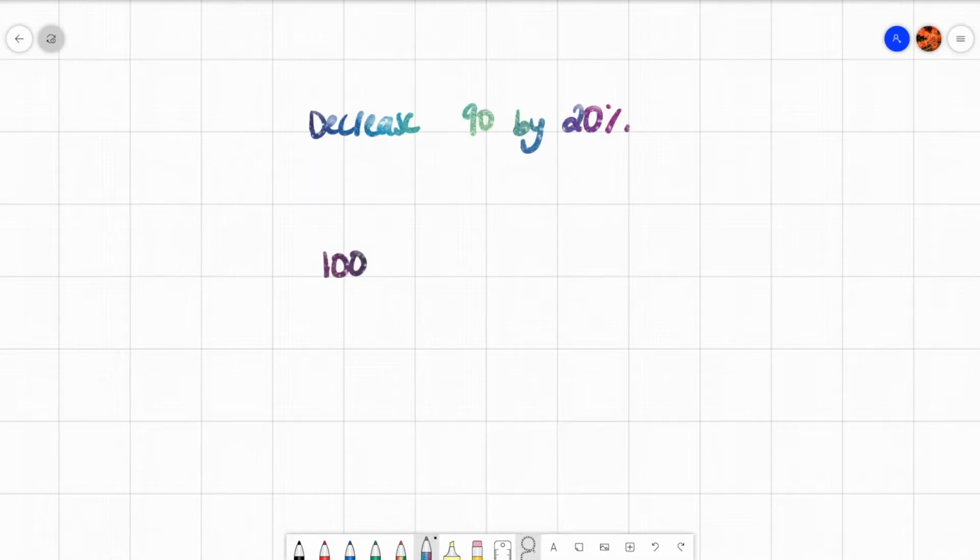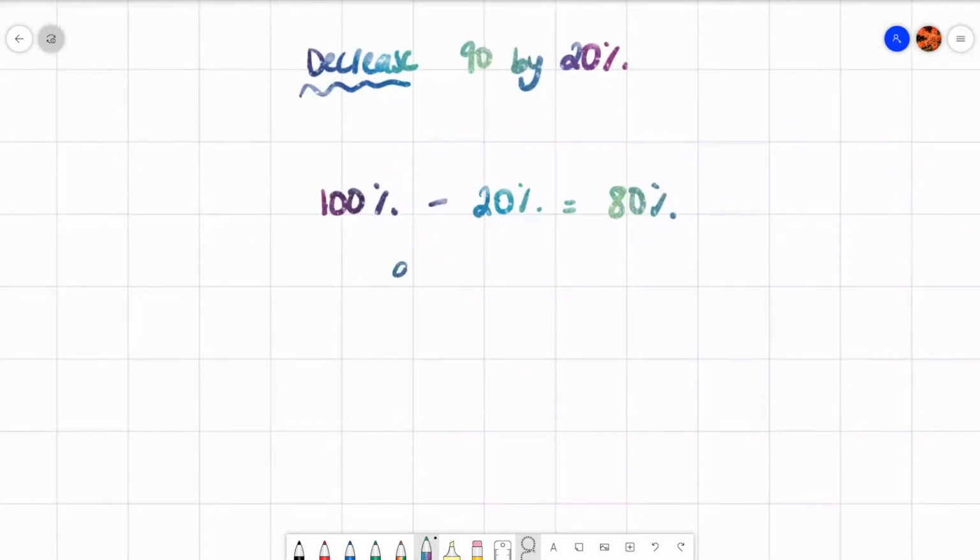Now, rather than adding this time, we are going to have to subtract because we are decreasing. So 100 take away 20% would give you 80%. So now you are going to do 90 times 80% as a decimal. Remember to divide that by 100, which would be 0.8.